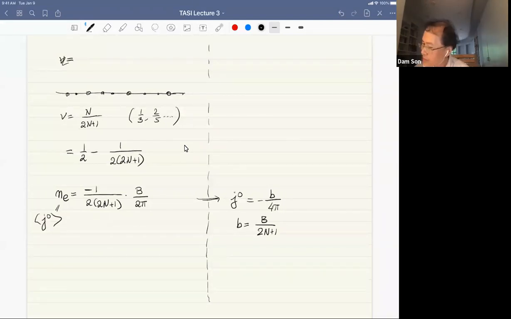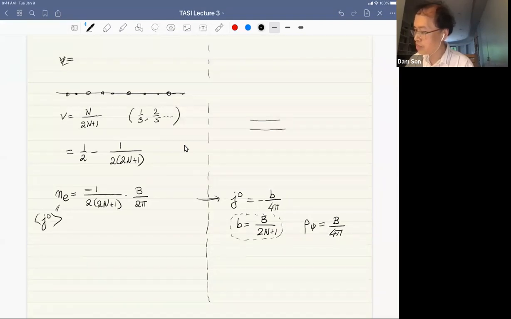So we have the following situation. We have this psi particle with density equal B over 4 pi, living in a finite magnetic field. Now I can leave this as an exercise.